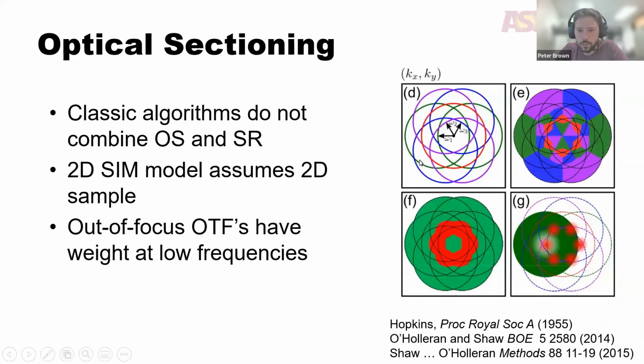And so what we do is we take our separated SIM bands, consider, for example, the unshifted band, the 0th band. Now we know that at DC, this band is corrupted by out of focus light, but this shifted band does not have any effect from the out of focus light at this same frequency position.